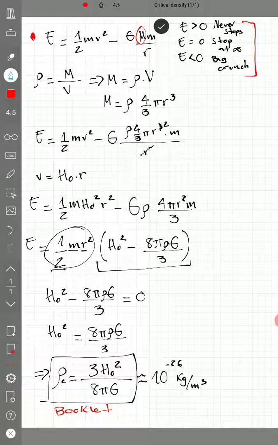And then we go with Hubble's law, because that object at the edge of the universe, in that sphere, is moving at a velocity that can be predicted based on Hubble's law. So that's why that v is used here.